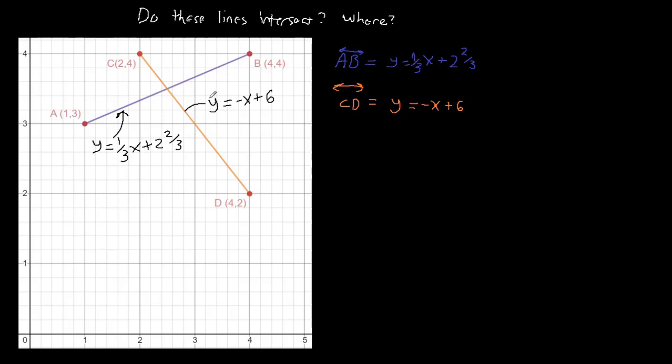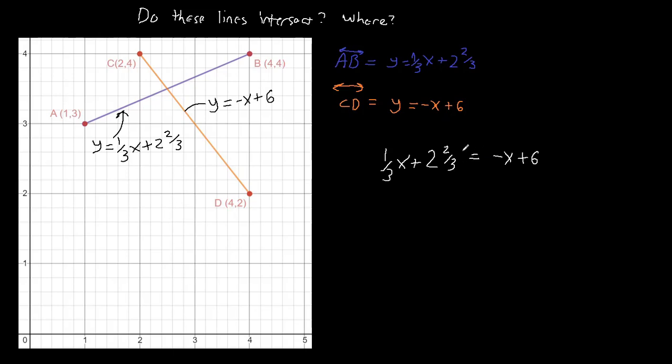We want to know at what x value they are going to have the same y value. So we're going to set these two equations equal to each other: 1/3 x plus 2 2/3 is going to be equal to negative x plus 6.